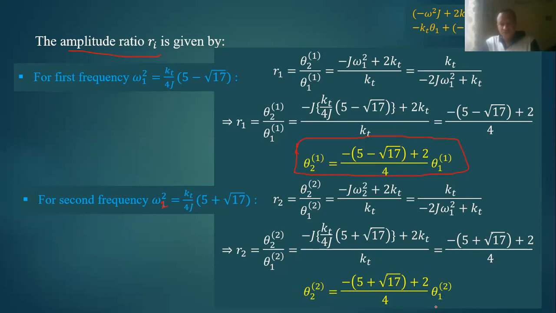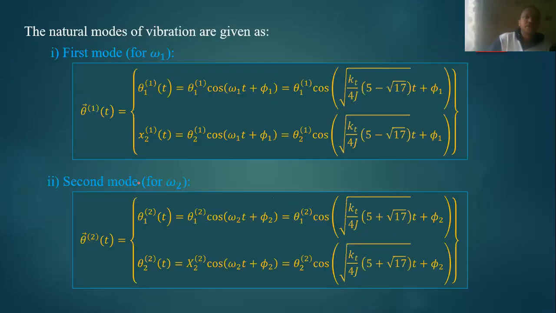So this gives us this equation. So this is the general form of the natural modes of vibration. For θ1 of 1, t is equal to this equation. θ2 of 1 gives this equation.